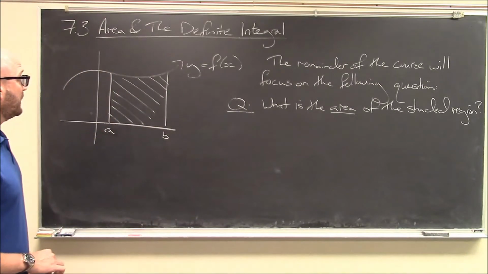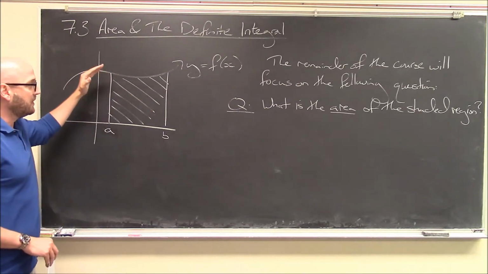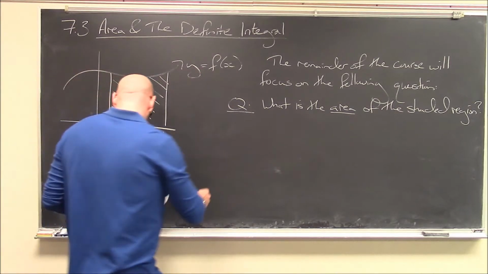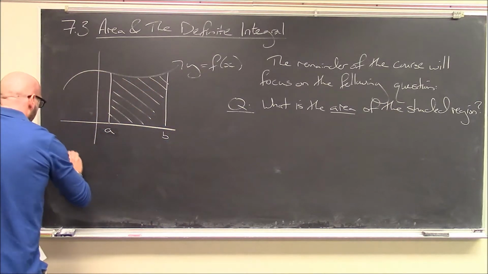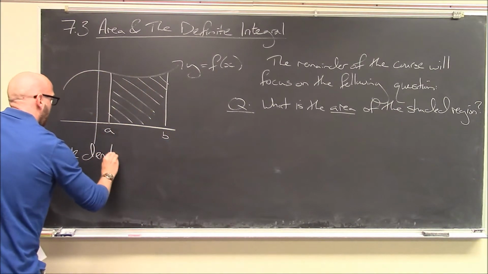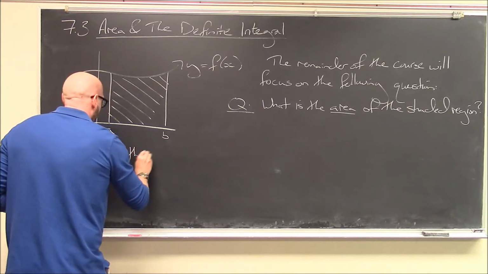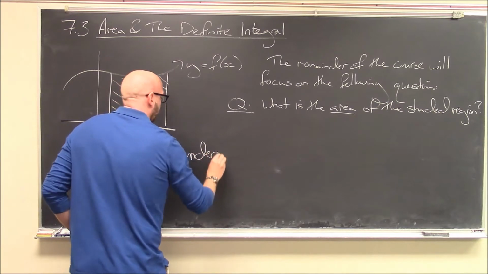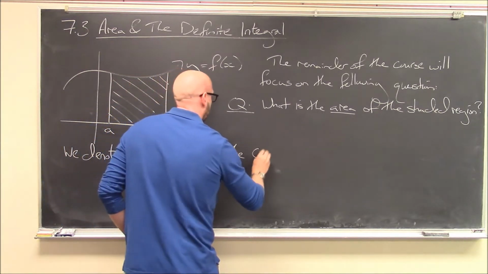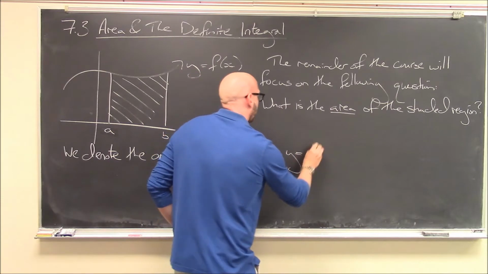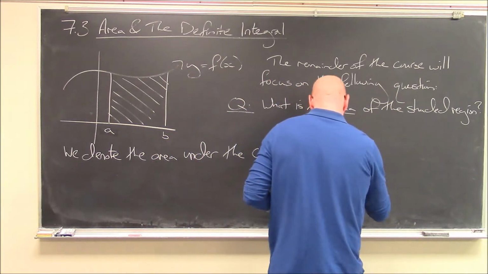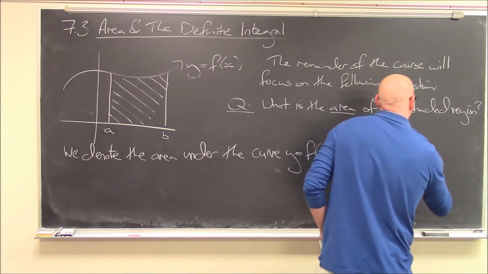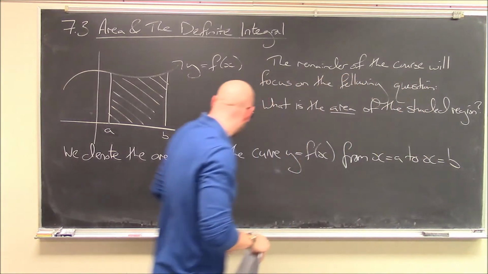So anyway, first thing I'll do is we'll introduce some notation for this. The notation for the area under the curve, we'll use special notation, and it's going to be the definite integral. So we denote the area, and I'll write this out in full. The area under the curve y equals f of x from x equals a to x equals b.